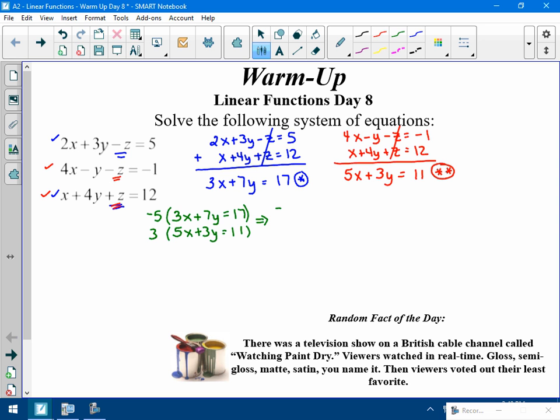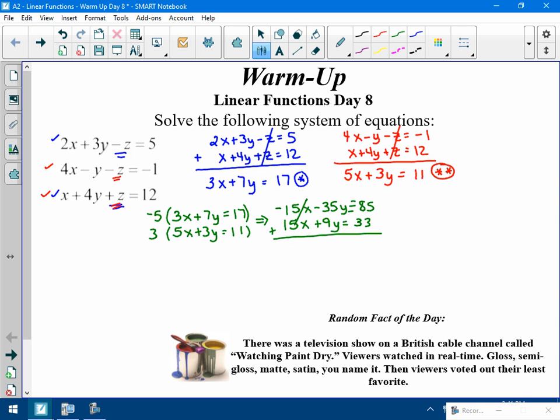That would turn this top into -15x minus 35y equals -85, sorry, 17 times 5 is 85. And the second one would be 15x plus 9y equals 33.